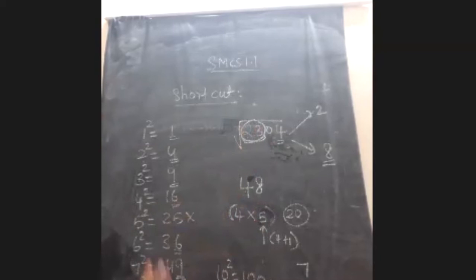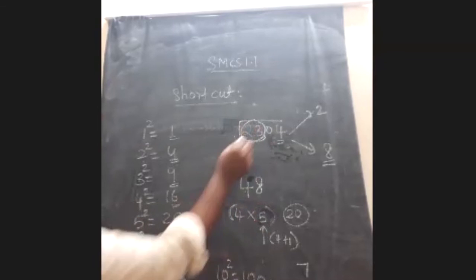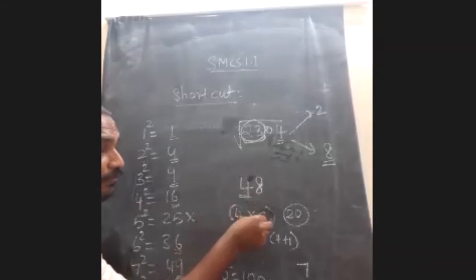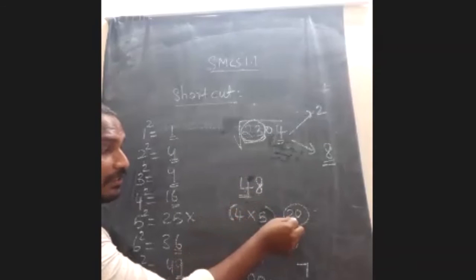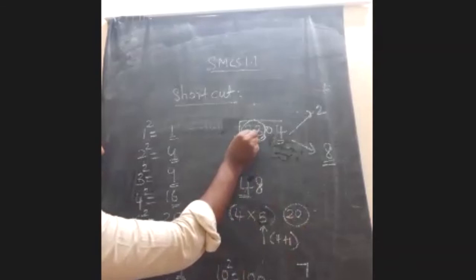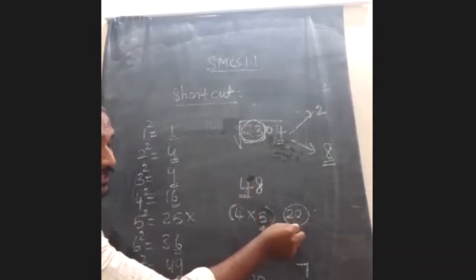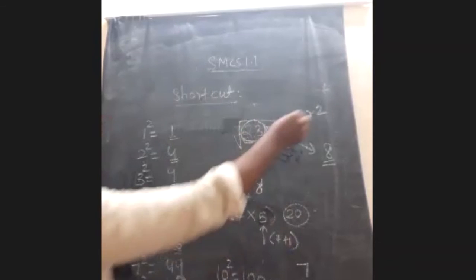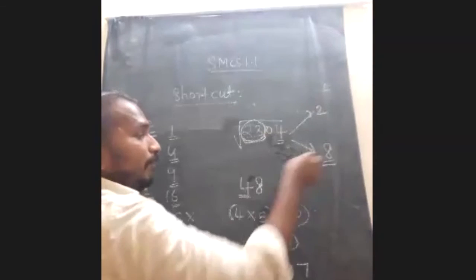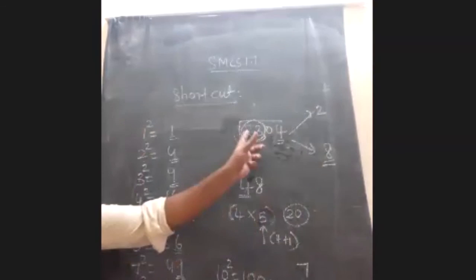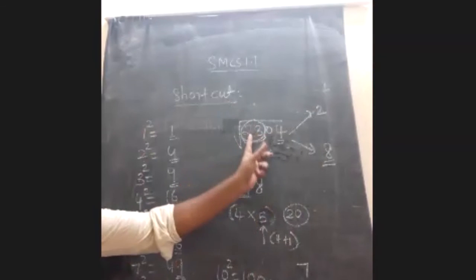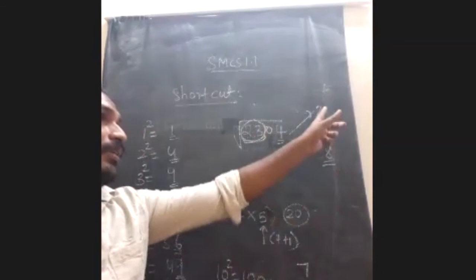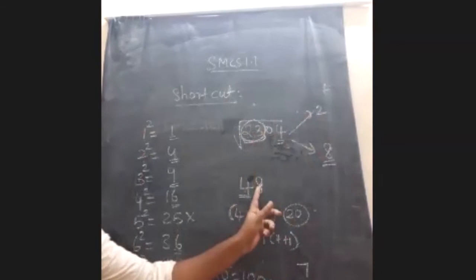That's why you should not select that 5. Then first you have selected 4. Then what is the next number to 4? 5. 4 5s are 20. Our number is 23, but the resultant number is 20. Our number is big. So out of the two numbers, which one is the big? 48. Suppose our number is small, then which one is the smallest out of these two? Then we have to put 2 here.